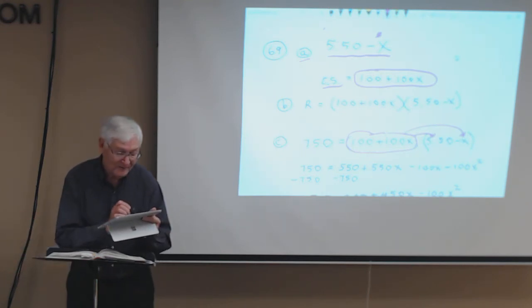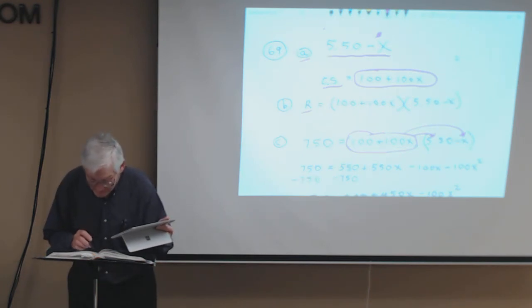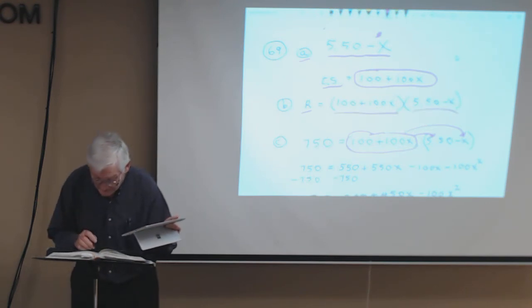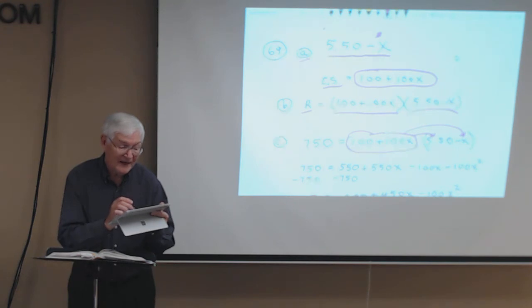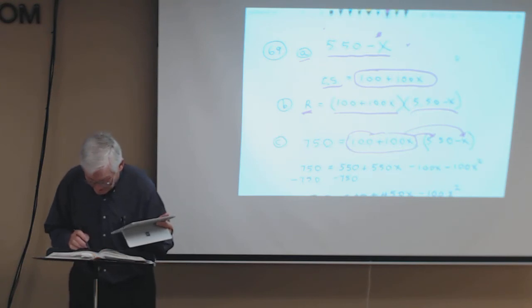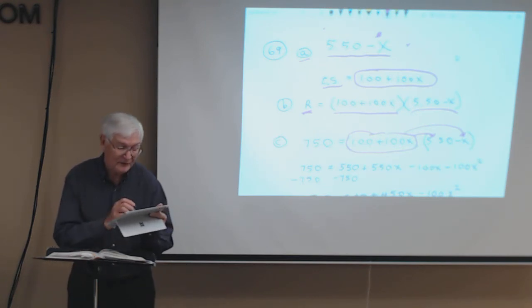And the revenue is the number of tickets sold, that's this number, times the price of each ticket, that's this number. So now, B, what's the expression for the revenue? There it is, the tickets sold times the new price.